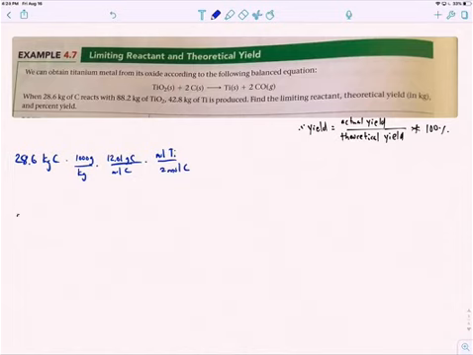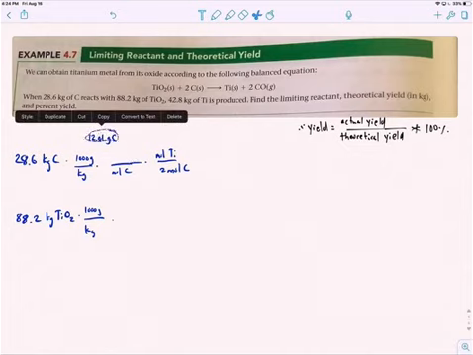We have 88.2 kilograms titanium dioxide, so 1,000 grams per kilogram. And titanium dioxide is, I'm going to cheat and look this one up. I got this backwards. Nice thing about the iPad.